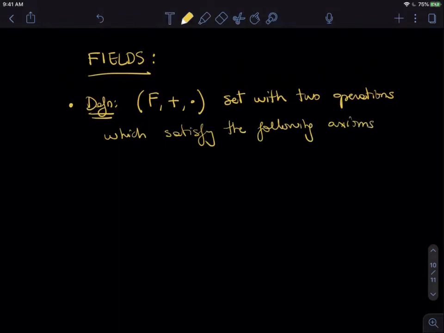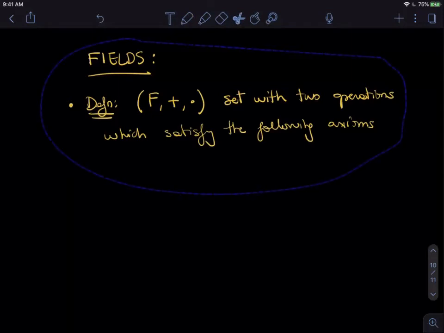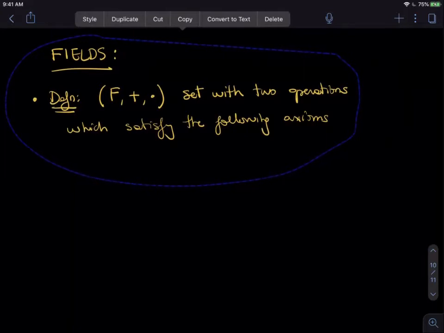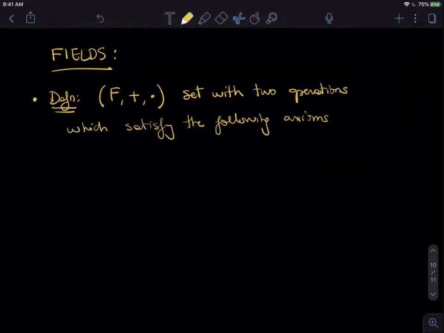Okay, so let me create more space here. A field has 10 axioms. Actually 11. So let's start with the axioms for addition.